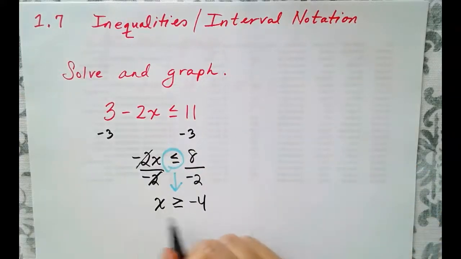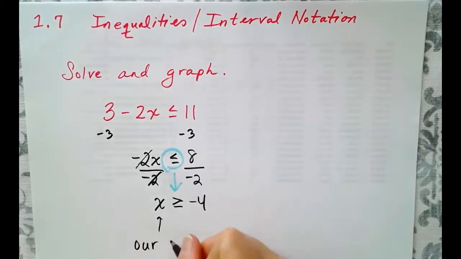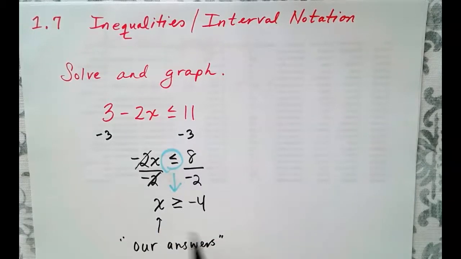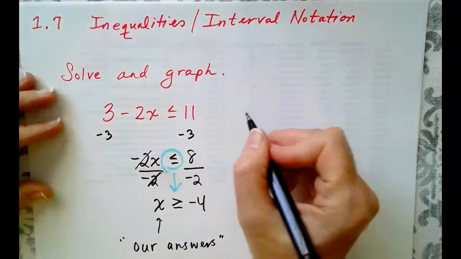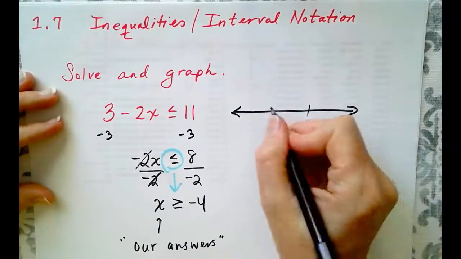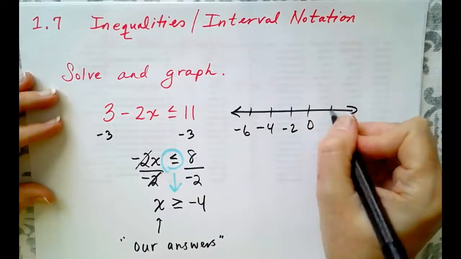So our answers are, and if you'll think of that every time you see the variable x, think of the phrase our answers, because there are infinitely many, are all greater than or equal to negative 4. So if we put this on a number line, so there's 0, there's negative 4, we'll put negative 2, put negative 6.